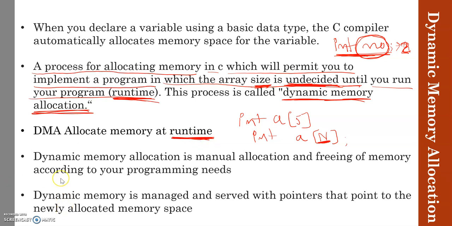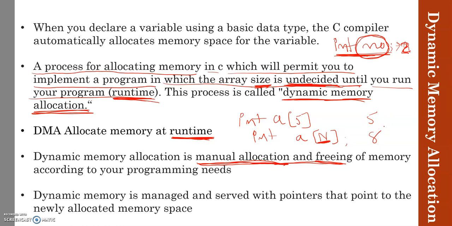The next point says dynamic memory allocation is manual allocation, with manual allocation and freeing of memory according to your programming needs. What does it mean? Suppose first I thought I require 5 bytes. But after some time during the runtime, I realized that no, I need 8 bytes.